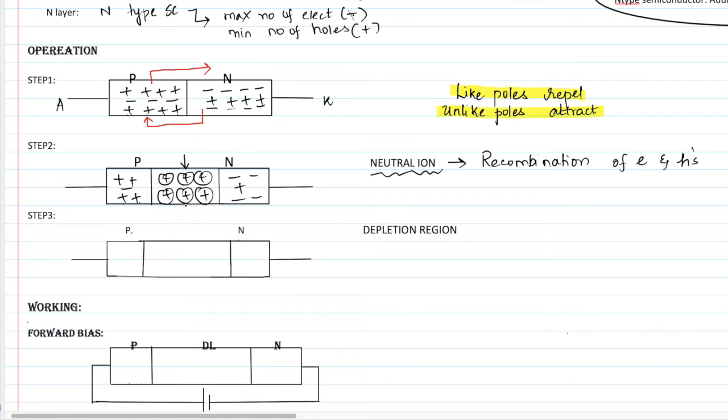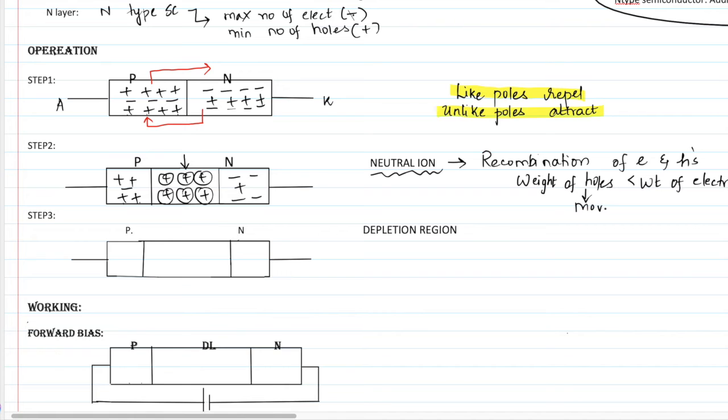Fine. Now there is another thing we have to consider. We need to think of the weight of holes and electrons. Weight of holes is less because there is more vacancy compared to electrons. So weight of holes is very much less compared to weight of electrons. Since the weight is very much low, the holes can move faster.